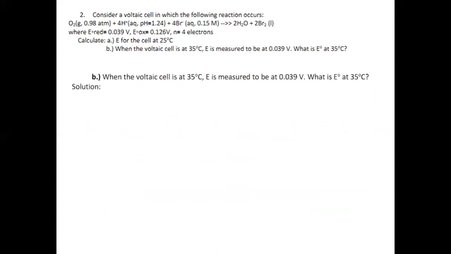B is when the voltaic cell is at 35 degrees Celsius, the cell voltage is measured to be 0.039 volts. What is the standard voltage at 35 degrees Celsius?